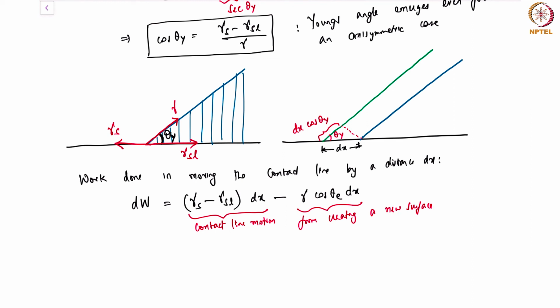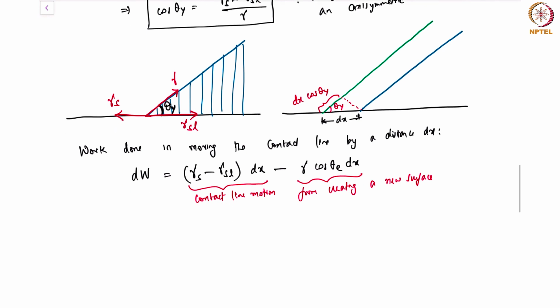Now, the sign of this dW is not very important. In other words, I could be moving left or right. Ultimately we want to find out if there is a small change in the position of the contact line and the interface moves on the surface, what is the work that needs to be done to move it, provided the angle remains the same, right?